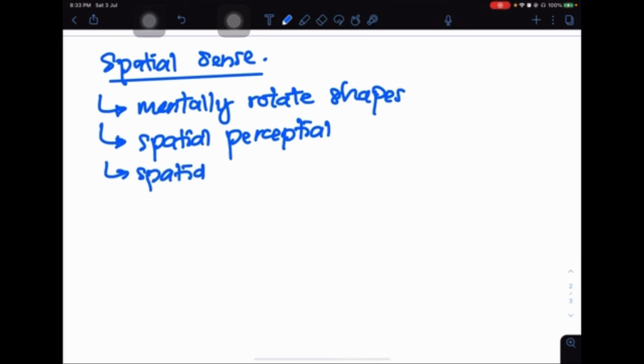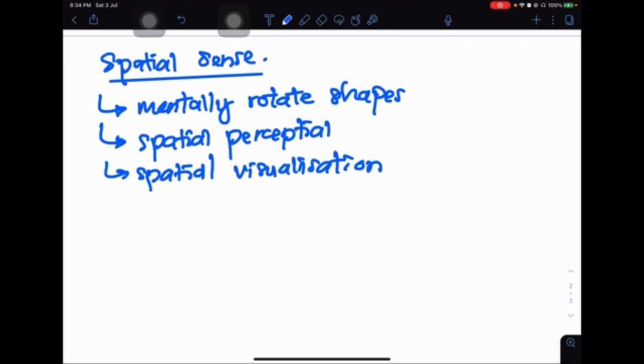Then there is spatial visualization. This is where the students are able to identify hidden figures embedded in a distracting background. So that is spatial visualization.